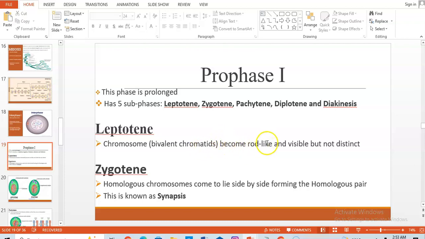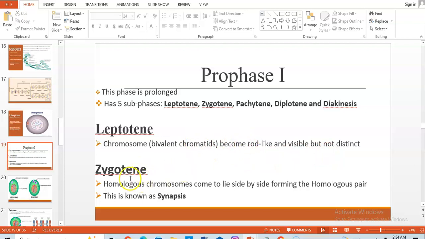They become rod-like in appearance because the chromosome starts to coil. It coils more and more, and as it coils, it turns into a rod-like shape. It's because of the coiling of the chromosome. But it's not yet completely visible, and not yet distinct under a light microscope.